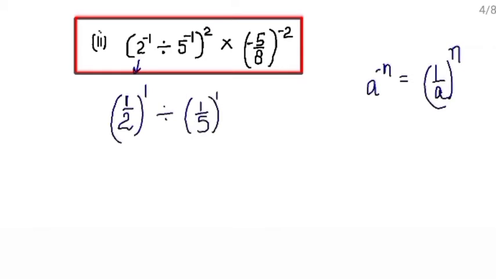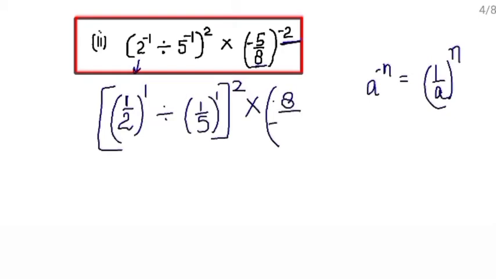Now the power is positive, and its whole power is 2. Multiply by, power is negative again, so you can make it positive after writing the reciprocal of the base. Base is minus 5 upon 8 and its reciprocal will be 8 upon minus 5. Power is positive now. Clear?